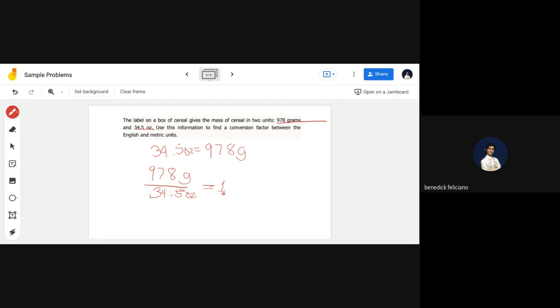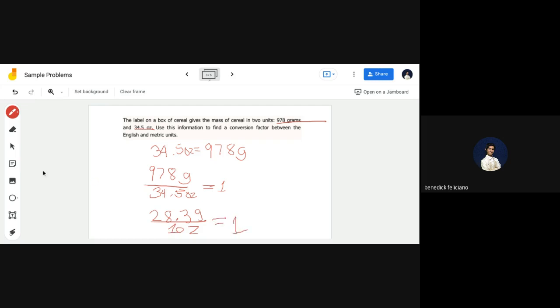By using our scientific calculators, we have 978 divided by 34.5, and the answer is 28.3 grams per ounce, per 1 ounce is equal to 1.